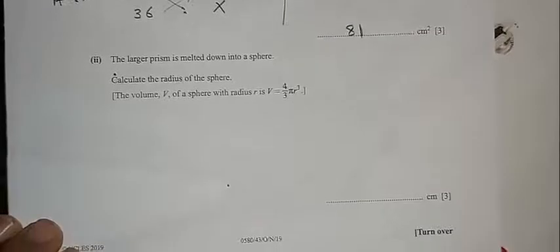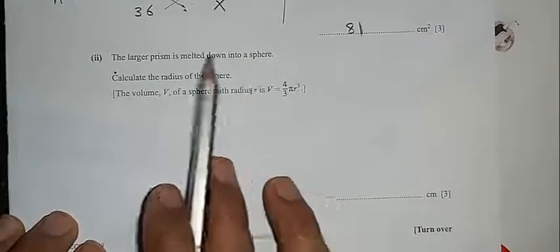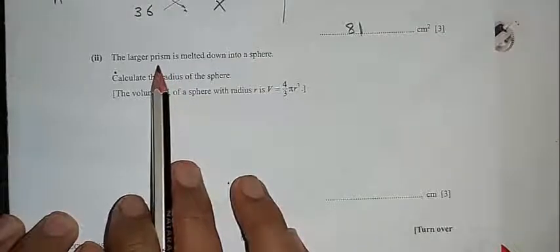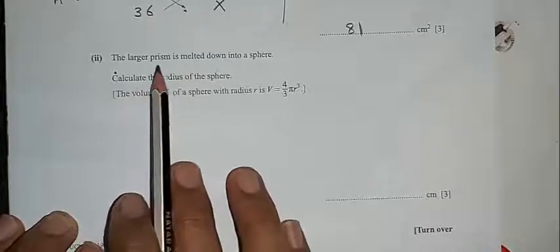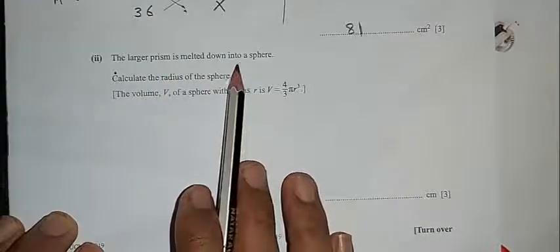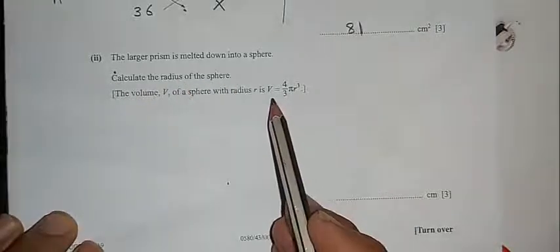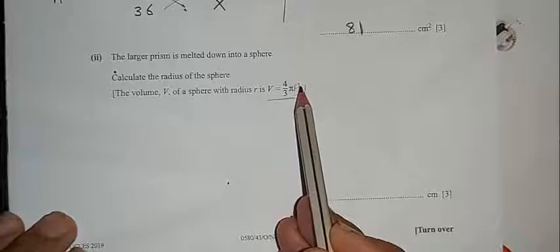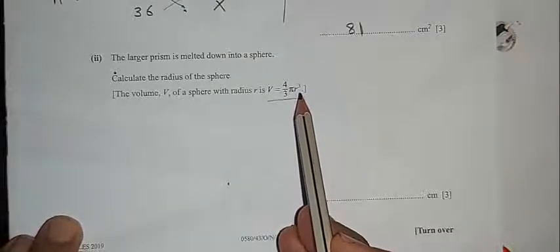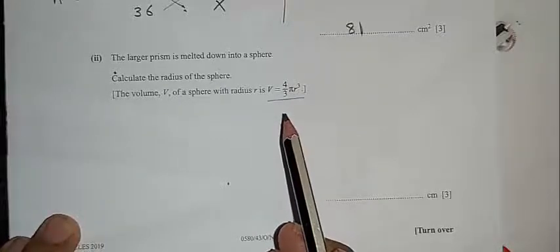In this part, the larger prism is melted down into a sphere. The larger prism, we know the volume 2187, and it's melted into a sphere. Calculate the radius of the sphere, and we are given here the volume of the sphere. This 4/3 pi r cubed will be equal to the volume of the larger prism, 2187.